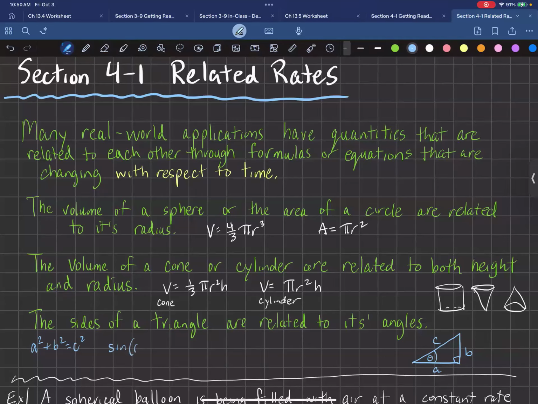Sine theta is opposite over hypotenuse. Cosine theta is adjacent over hypotenuse. Tangent theta is opposite over adjacent. So lots of formulas that have related stuff. Let's look at some examples.